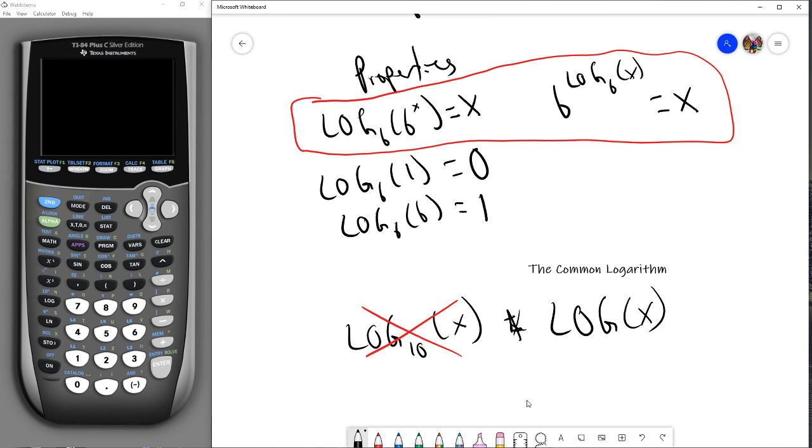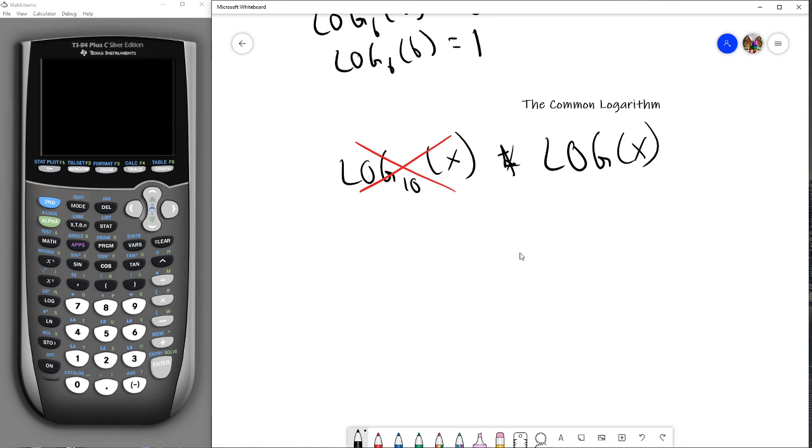Now, we saw previously this function y equals e to the x. Well, its inverse has its own notation as well. The equation y equals ln of x is the natural logarithm.